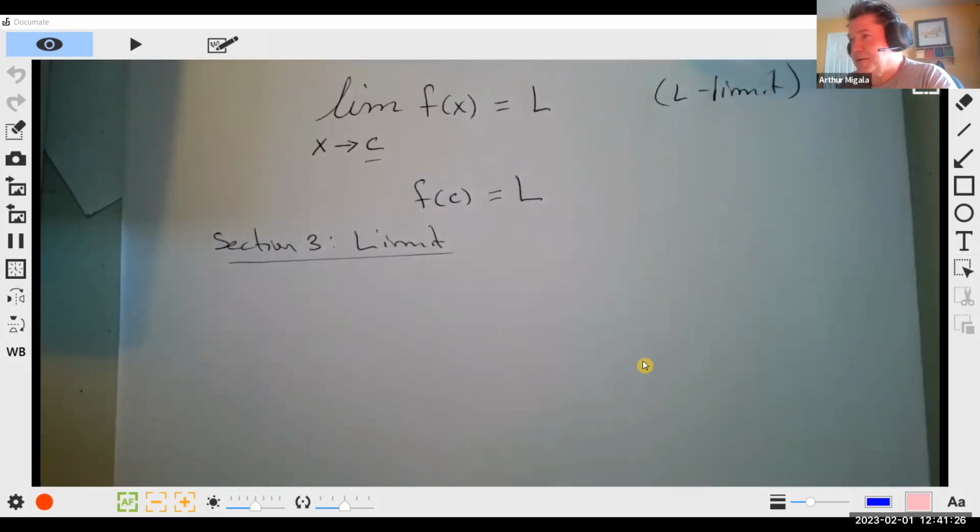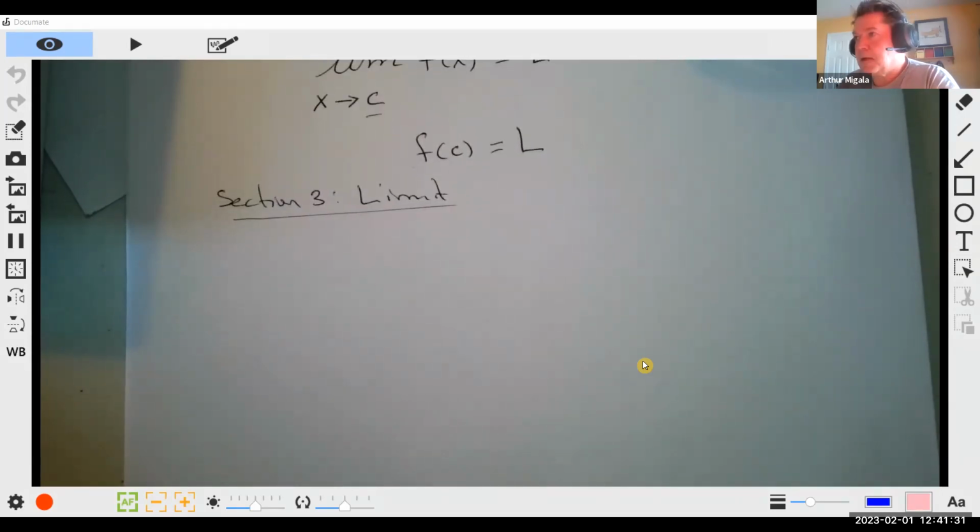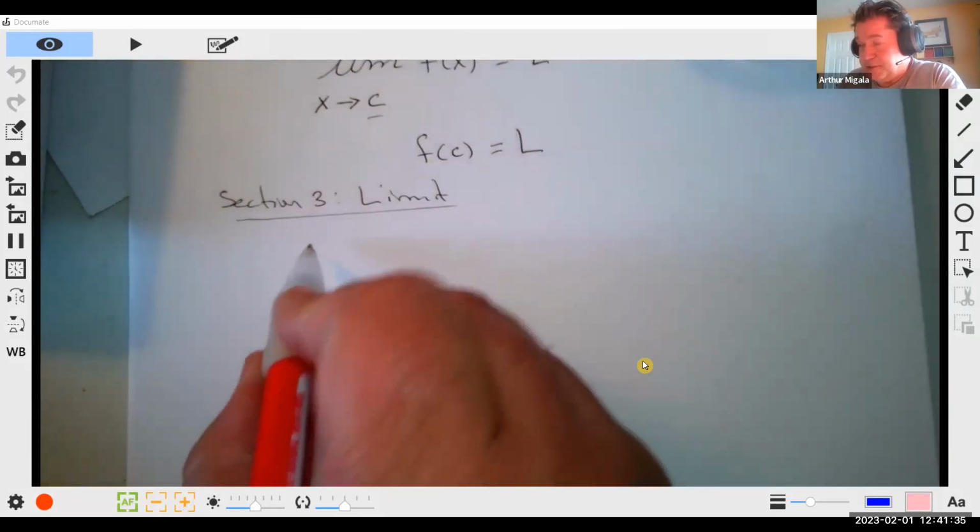What was 3 actually called? That's the definition of the limit. All right. So the way we define the limit is this.